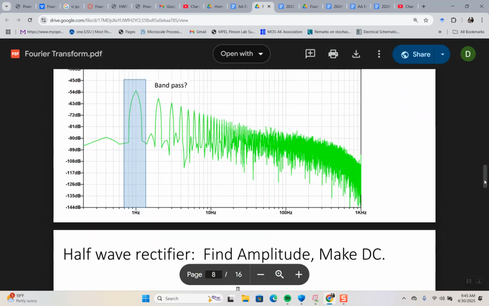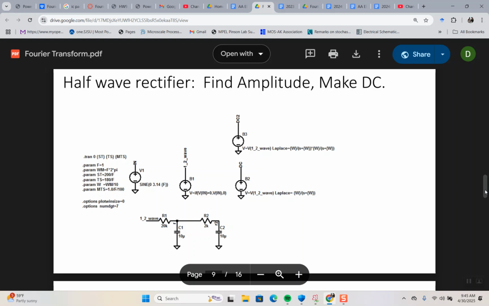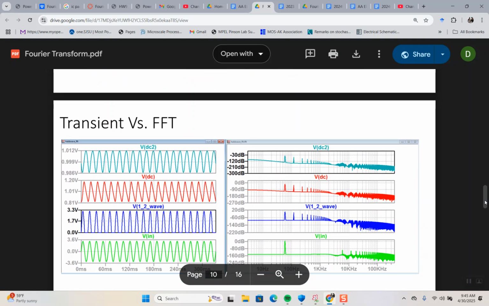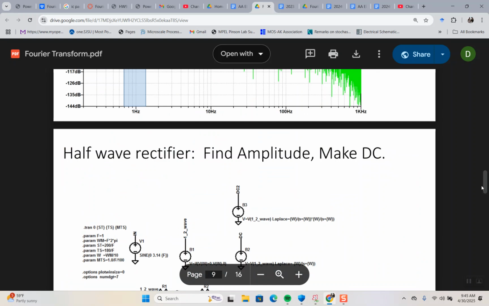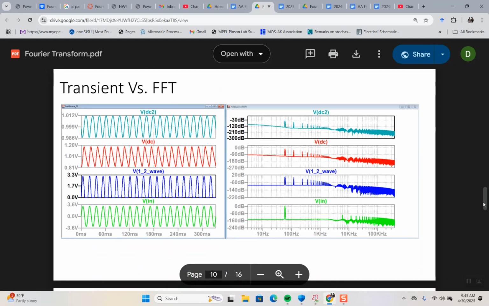Used to be a project we used to do. Now, half wave, this should be full wave rectifier. Anyway, my input is a sine wave.